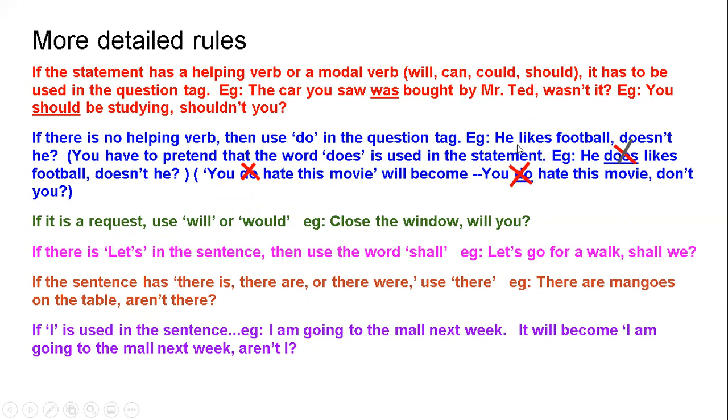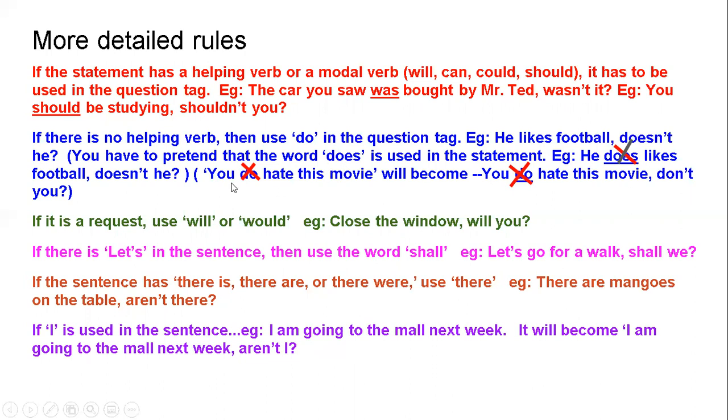He does like football. So if you imagine that does is there, then you will automatically know that your question tag must have the word doesn't. So use a bit of imagination and remember that does is actually there even though it's not written there. He does like football, doesn't he? It's supposed to be like that, but it's actually given to you like he likes football, doesn't he?